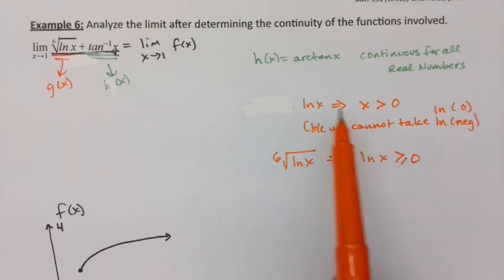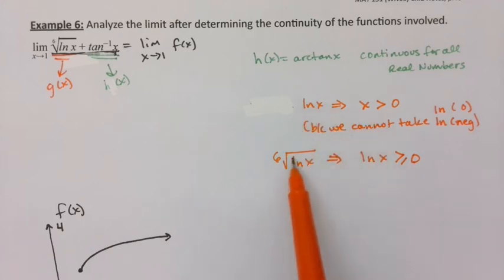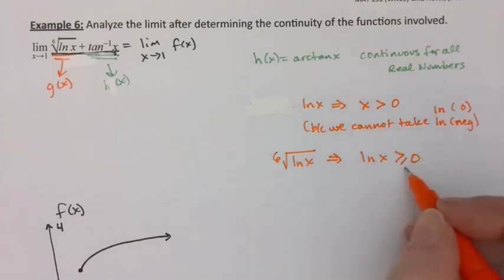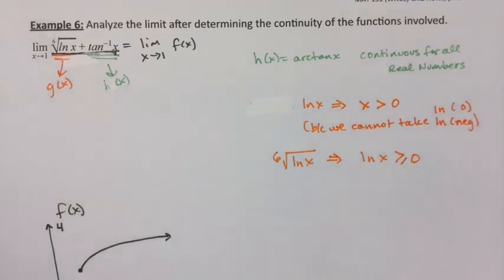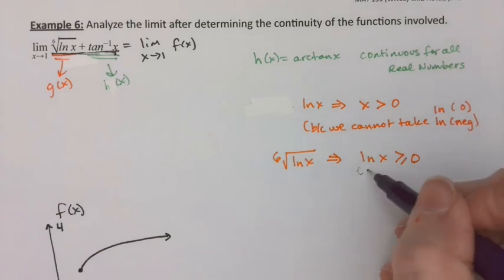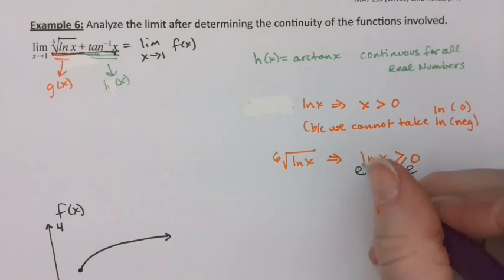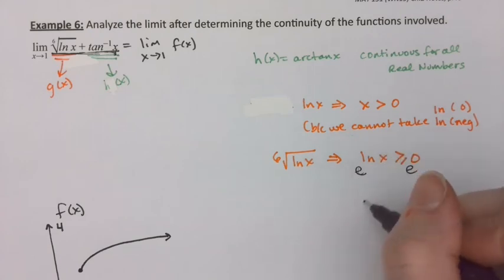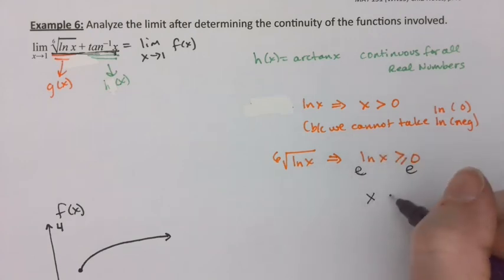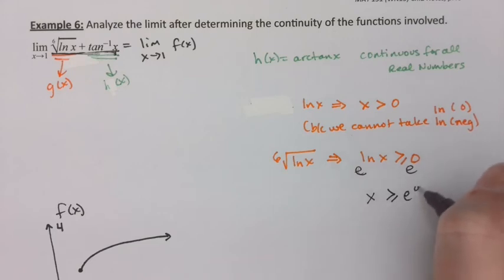Well, I can't take the log of 0, but I can have the log equal to 0. That's possible. So I would exponentiate both sides, e to the and e to the. That gets me e to the natural log of x, but those are inverses of each other. So that's just x is greater than or equal to e to the 0, which means x is greater than or equal to 1.